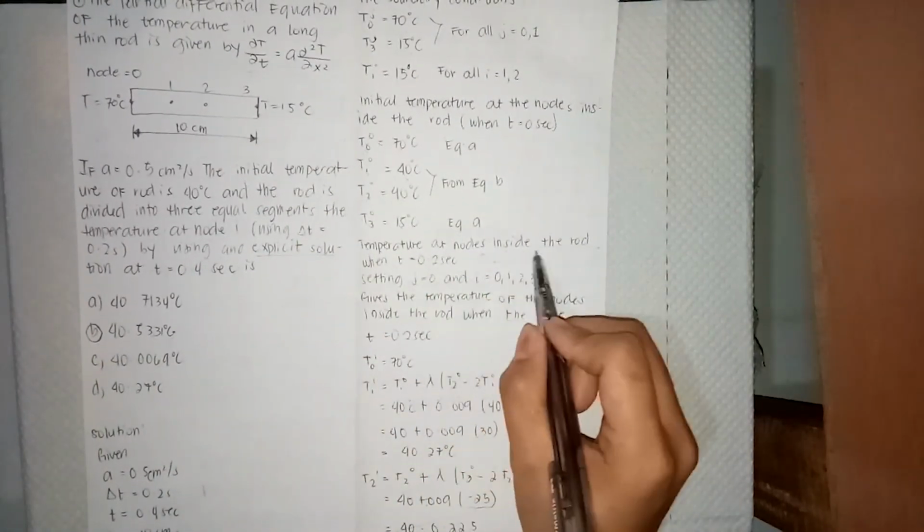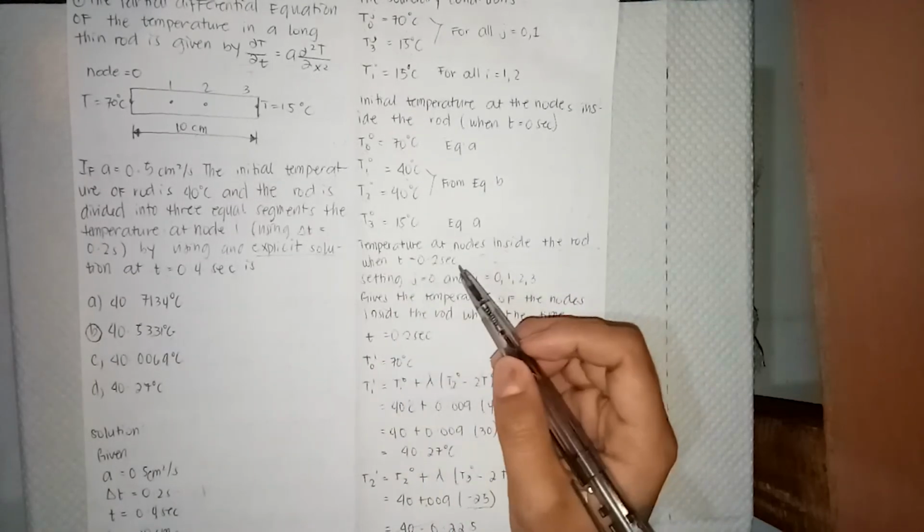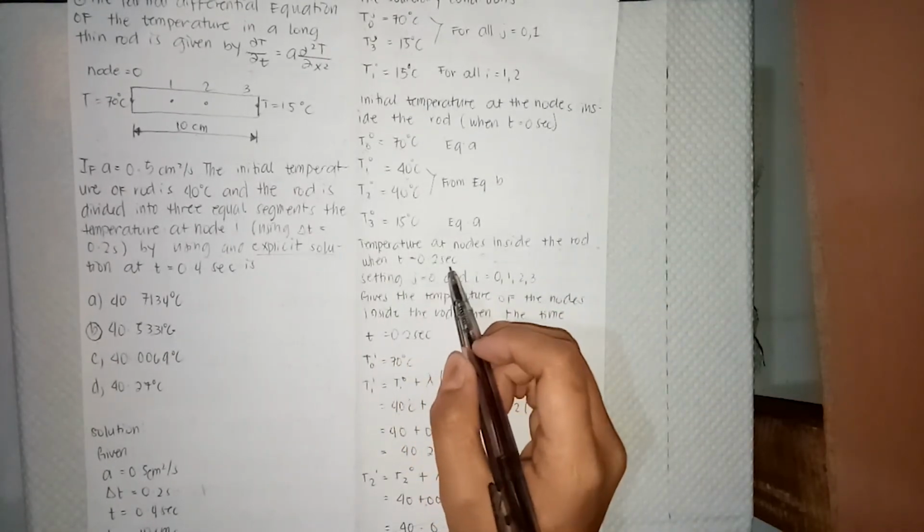So now the temperature at nodes inside the rod when t is 0.2 seconds.